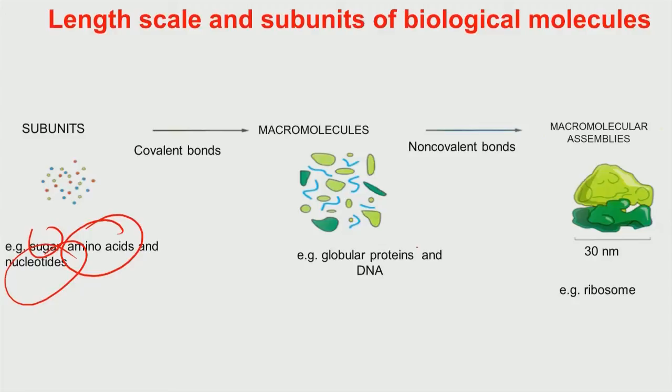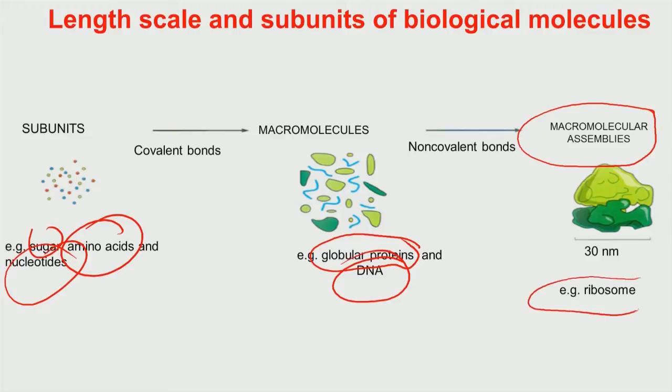Then some of the proteins have a different shape and morphology, like globular proteins, and you have the very characteristic double helix structure of deoxyribonucleic acid. You also have a macromolecular structure like the ribosome. If you look at the length scale, a typical ribosome is 30 nanometer, and remember your cell size is around 25 to 30 micrometer.